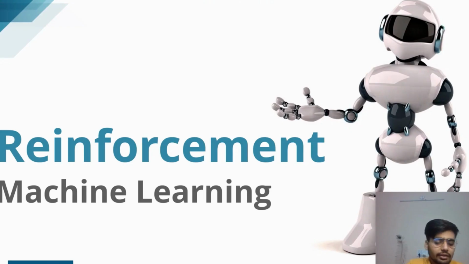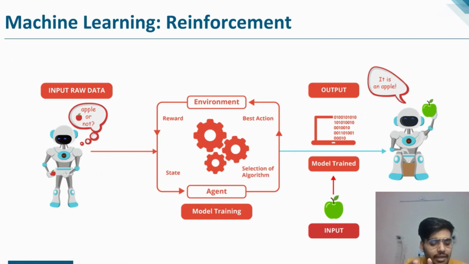Next is reinforcement learning. Reinforcement learning is the third type of ML, and it's basically where we reinforce the learner. There is no supervisor and no data; the agent does things and learns from them. Basically, a robot has an apple in its hand, but it doesn't know whether this is an apple or not.